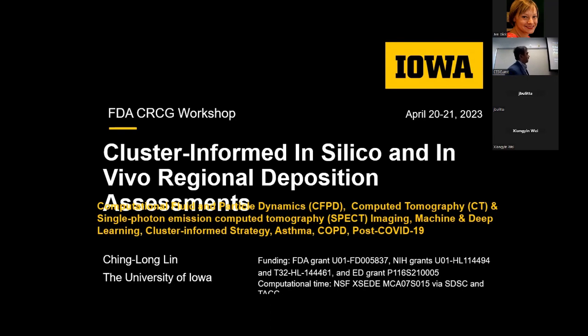We would like to apply machine learning and deep learning to CT images to identify imaging clusters in asthma, COPD, and post-COVID patients, and then compare particle depositions between subjects in different diseases, and try to explain why the deposition patterns are different between subjects and across diseases.